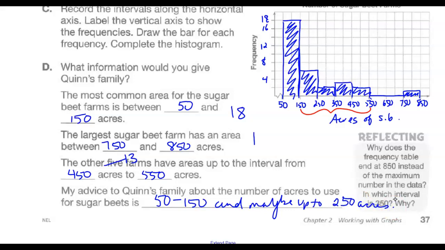Because then they're using different people's farms, and so they're going to be able to get lots of sugar beets from different farms, and so those will be the most common ones. Very few farms these days are super huge. Obviously there's one there, but yeah, so that's it for this histogram.